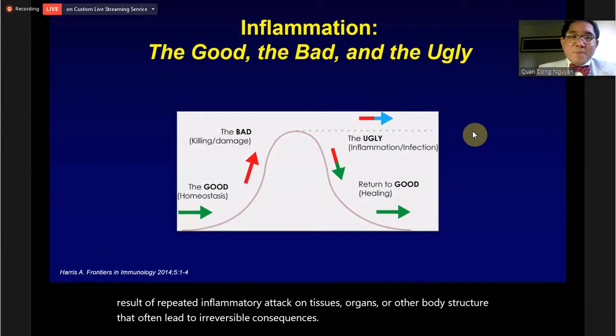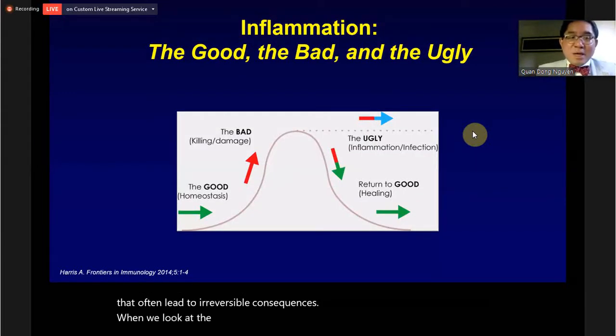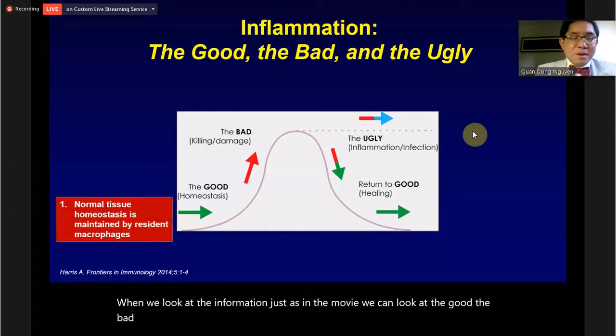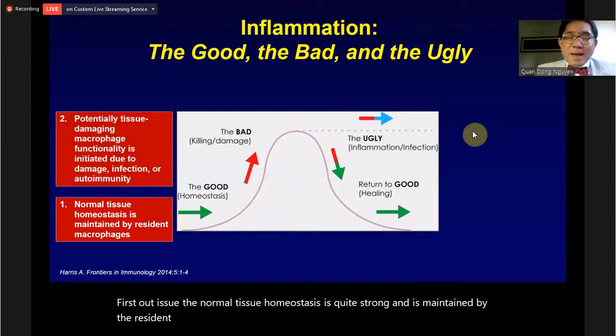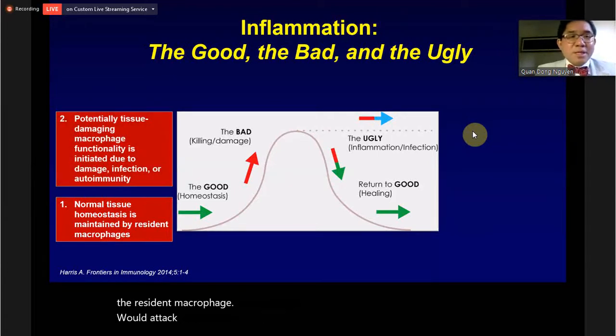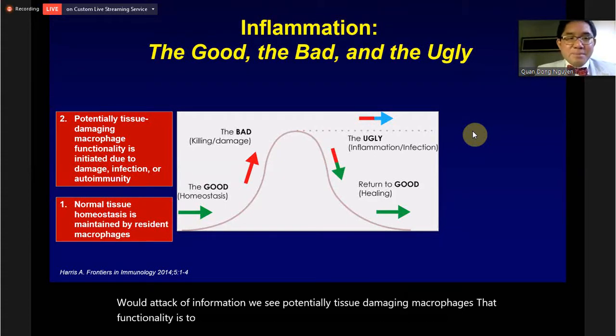When we look at inflammation, just as in the movie, we can look at the good, the bad, and the ugly aspects of this. First, normal tissue homeostasis is quite strong and is maintained by the resident macrophage. With attack of inflammation, we see potentially tissue-damaging macrophages that are initiated due to the damage, the infection, and the autoimmunity.